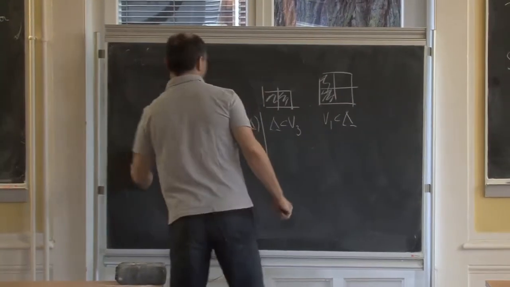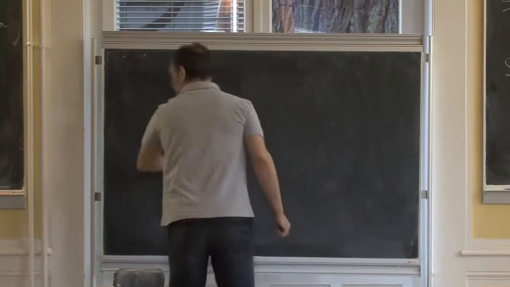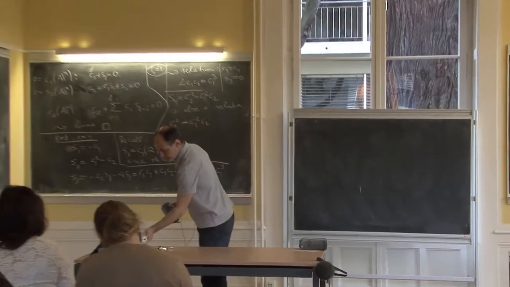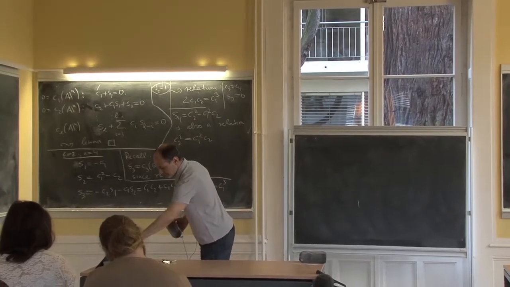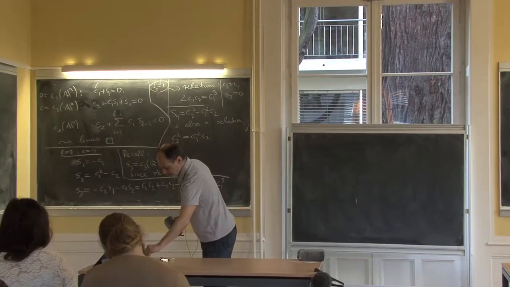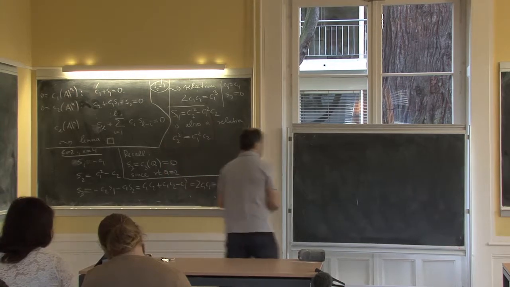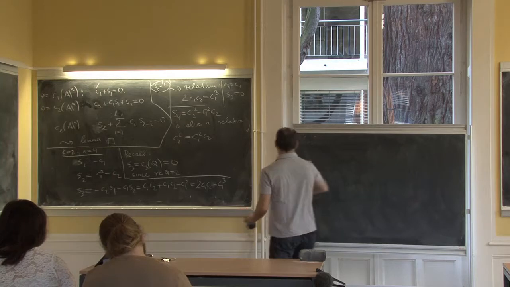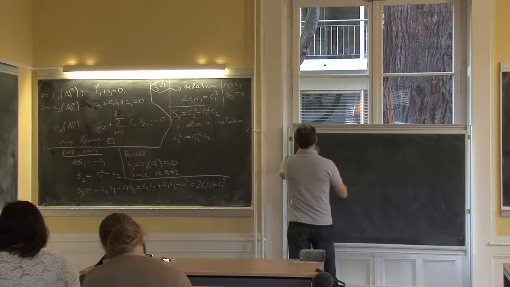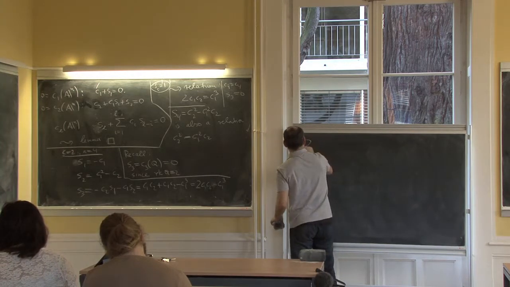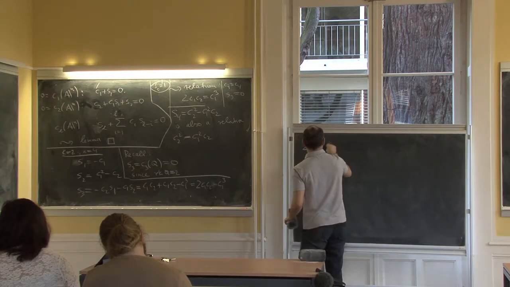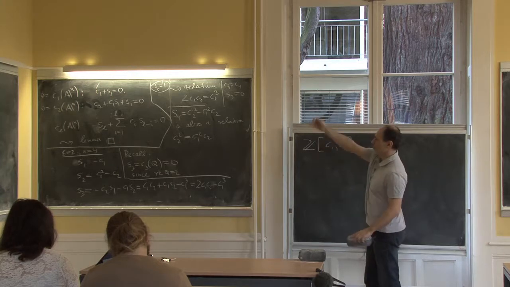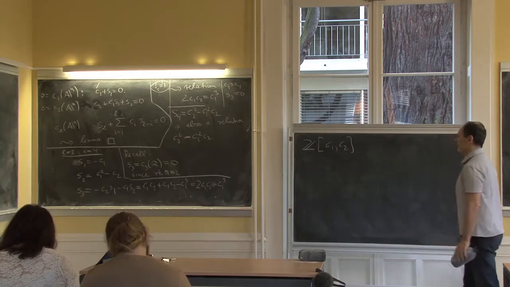So let's consider now the following ring. Let's look at the ring generated over the integers by just these two monomials, C1 and C2, using which we can express everything.